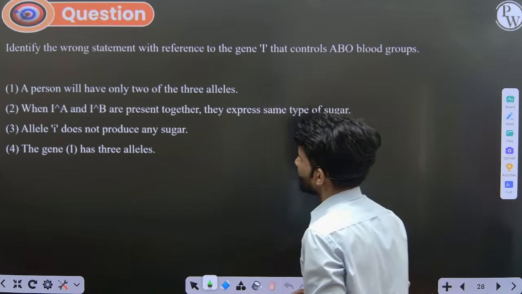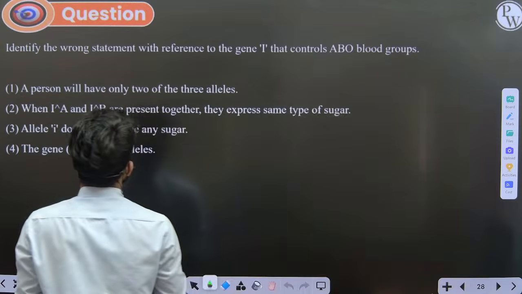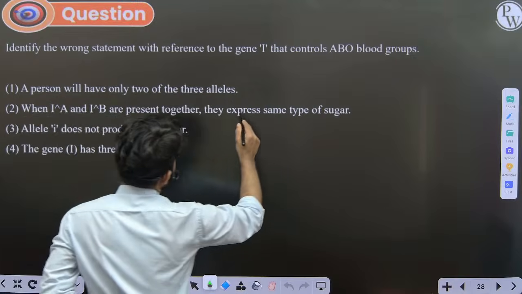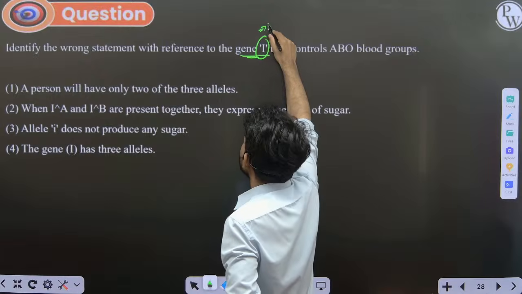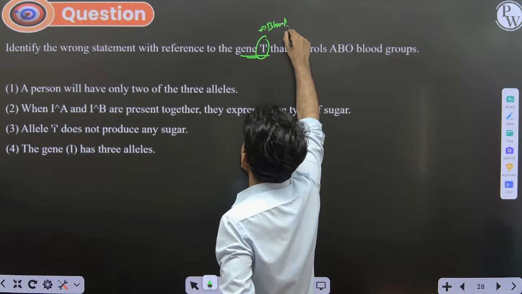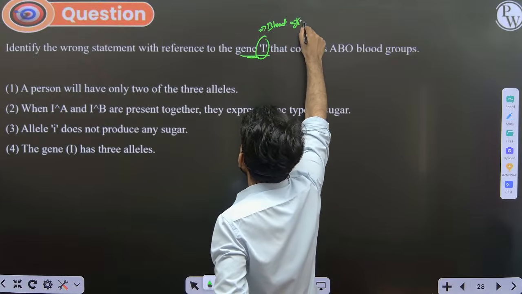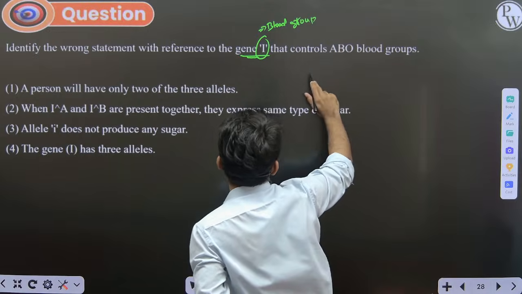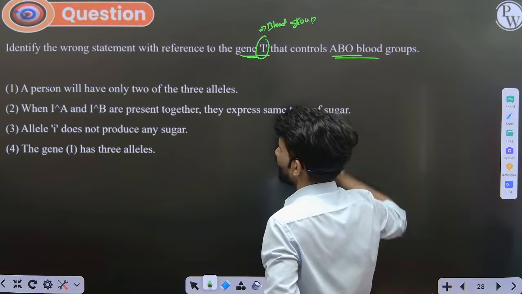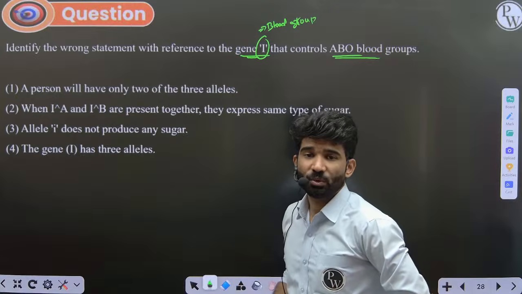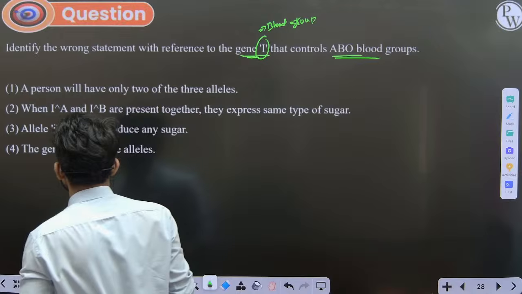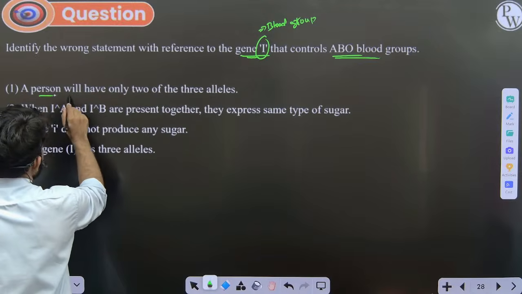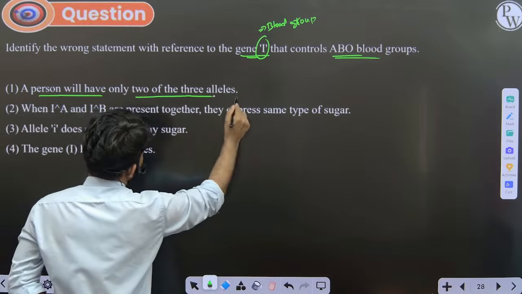So the next question is: identify the wrong statement with respect to the gene I. What is this gene I? It controls blood group. What you have to do is identify the statement. A person will have only 2 of these alleles.